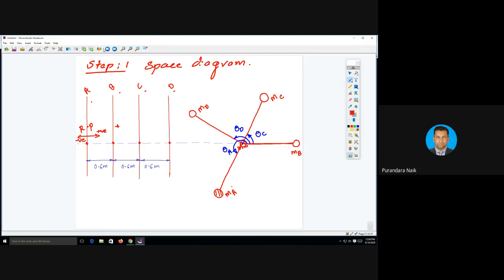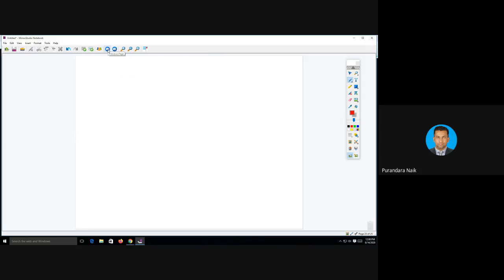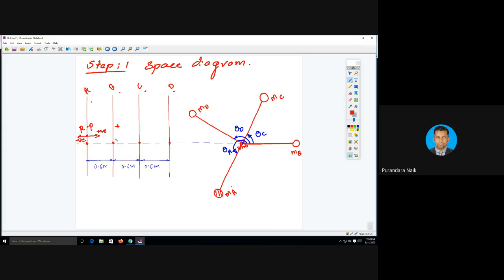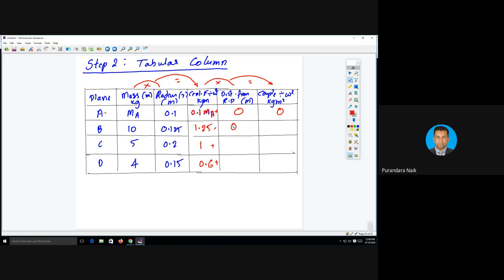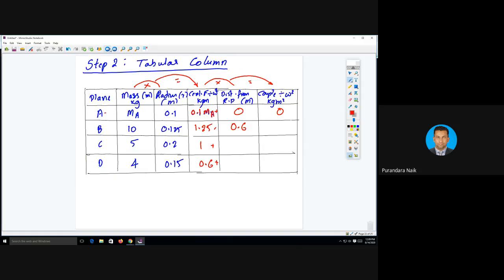Here, the distance from the reference plane. Distance of A with respect to the reference plane: the reference plane is A, so the distance from A is 0. Next, the distance of B from the reference plane A is 0.6. Next, the distance of C with respect to the reference plane is 0.6 plus 0.6, that is 1.2.